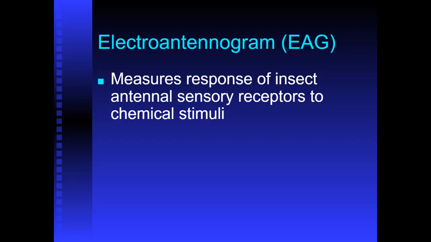What some researchers do is take a chemical, maybe a perfume that they extracted from an apple, and spray it over the insect's antenna, and they'll see that the antenna responds to it by giving an action potential that they can measure on a special electroantennogram device that has a needle that goes into the antenna. It provides evidence, or proof in quotes, but evidence, that the insect will respond to that particular chemical. So that's what an electroantennogram does.